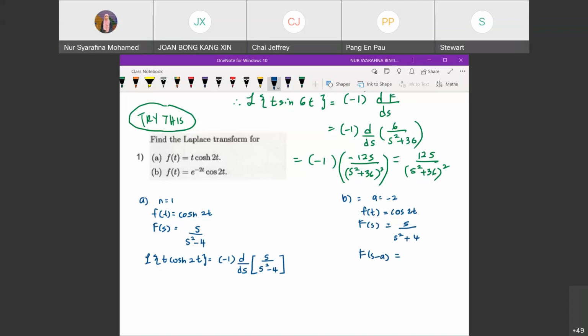Okay, so just differentiate that. So what should you obtain from here? This one is differentiation of quotient rule, right?